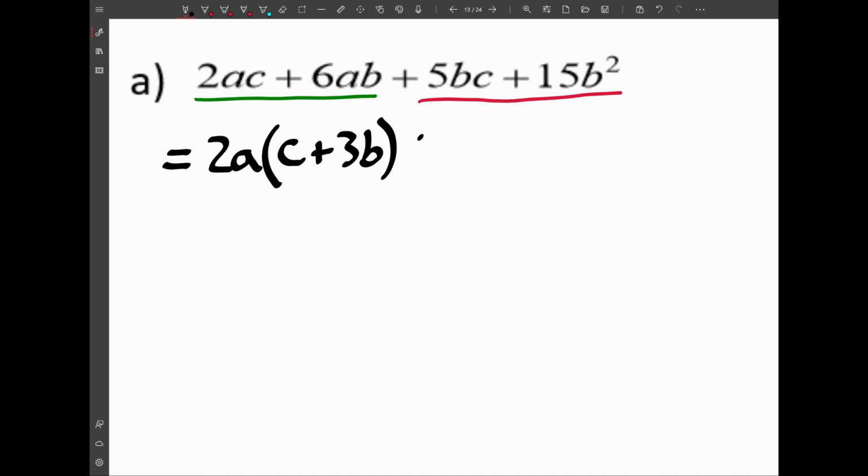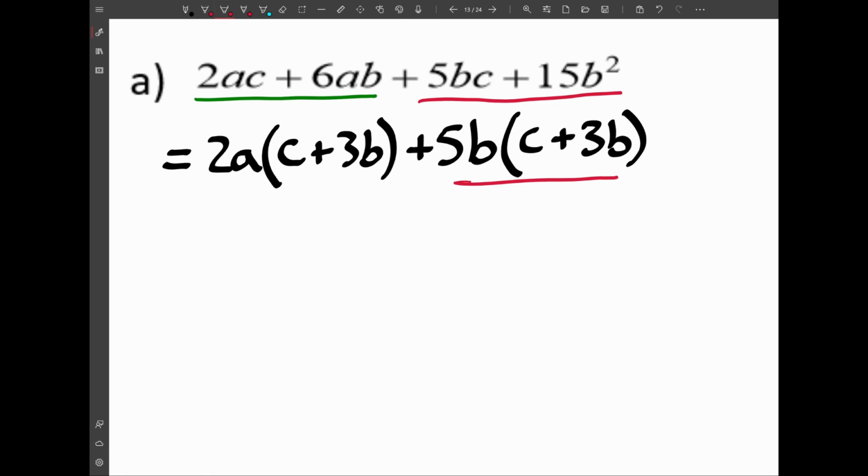Then I'm going to look at my second set. They each have a 5 in common, and they each have a b. And then I see what's left. There is a c, and 15b squared divided by 5b is 3b. So that was my 2 pieces in my grouping.